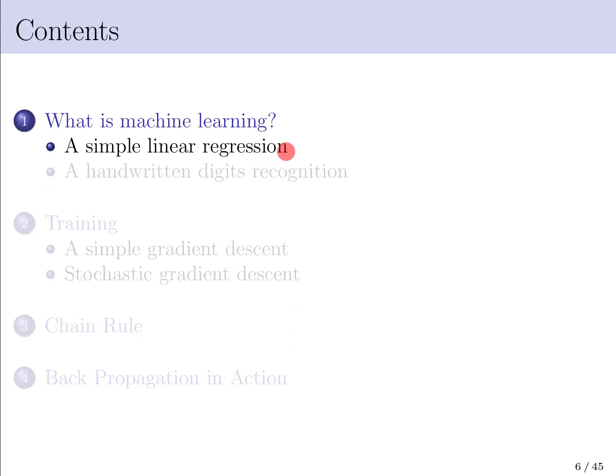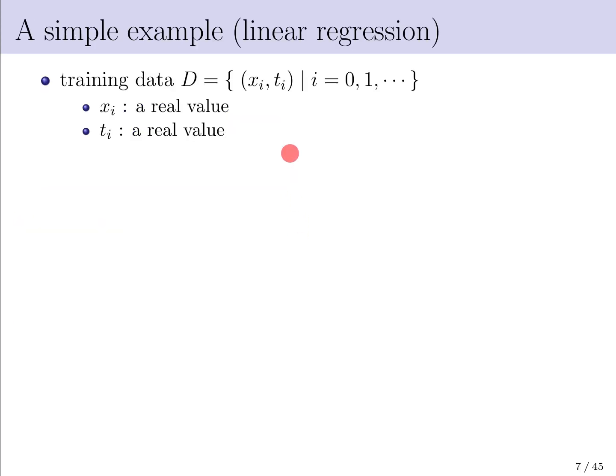I will explain this with a specific, very simple example, something called linear regression. In this example, the training data is just a collection of pairs of real values. In other words, both inputs and outputs are a single real value.